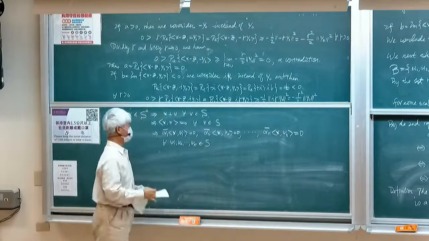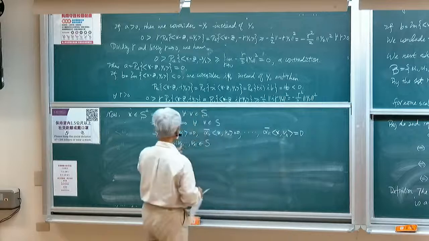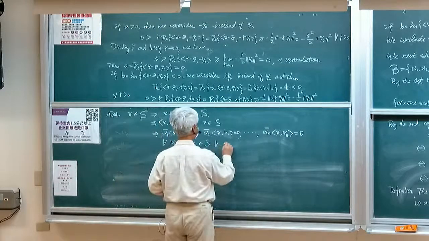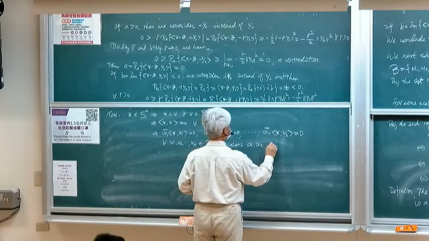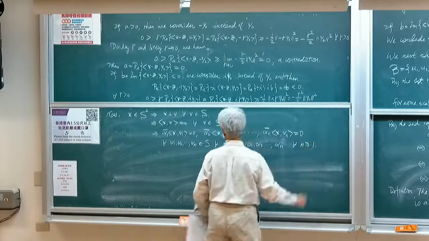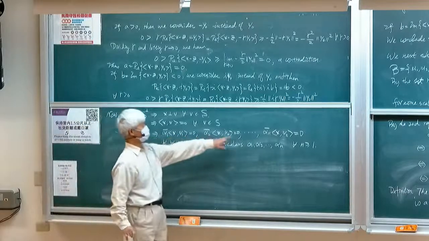So if we take v1, v2, ..., vn from S, and for all scalars alpha 1, alpha 2, ..., alpha n, and for all n, this is always true, all zeros, right?